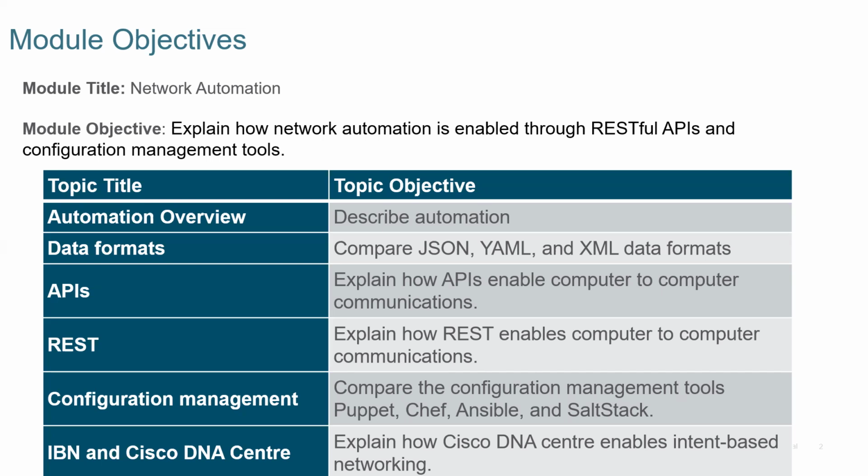Then we'll define an API and explain how APIs work, especially in network automation. Then explain how REST enables computer-to-computer communications. Then we'll look at and compare the configuration management tools, Puppet, Chef, Ansible, and SaltStack. Lastly, we'll look at what Cisco is doing in the automation scene with IBM and Cisco DNA Center.